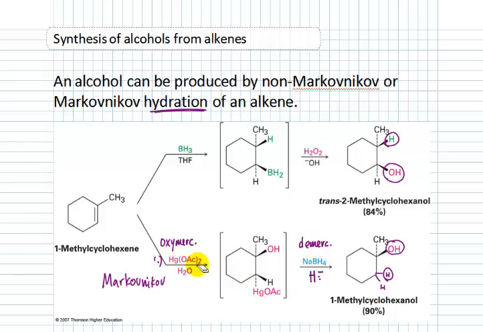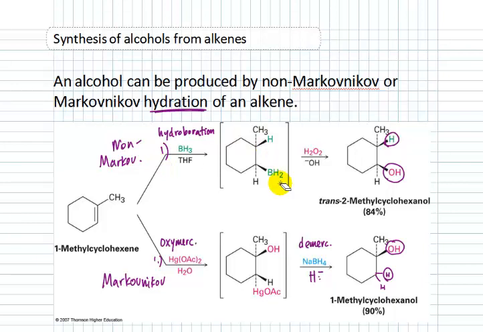You don't need a mechanism for this, but this intermediate here is important, with the OH on one carbon, the mercury on the other. The non-Markovnikov addition starts with hydroboration, just like it sounds, H on one carbon, BH2 on the other carbon.